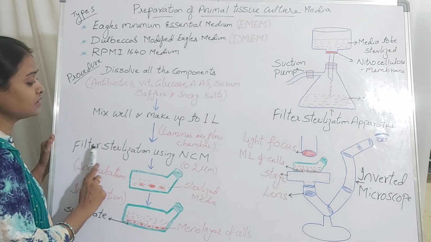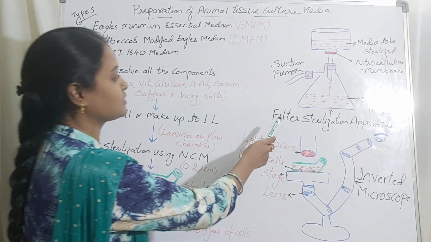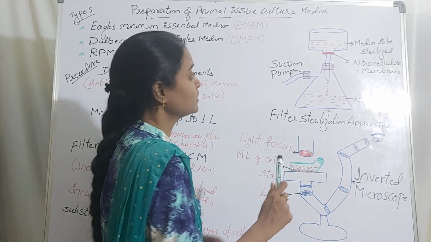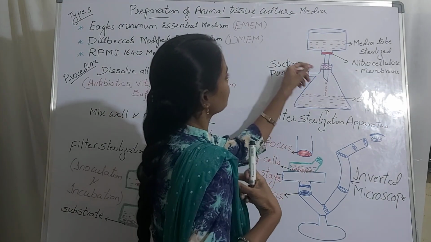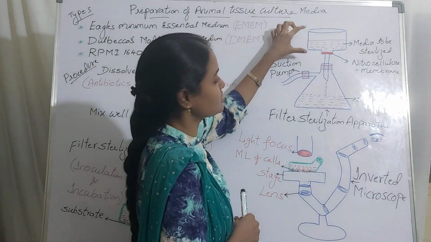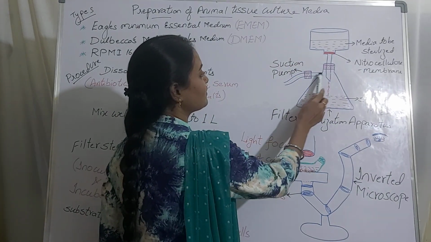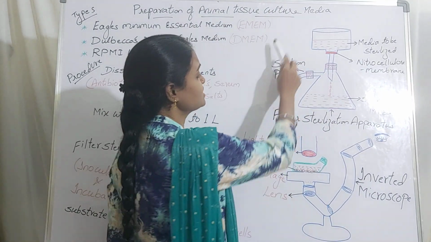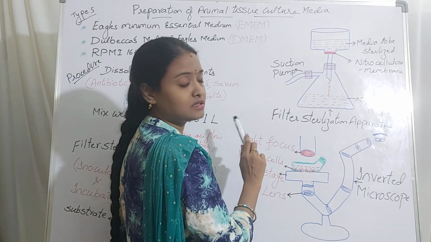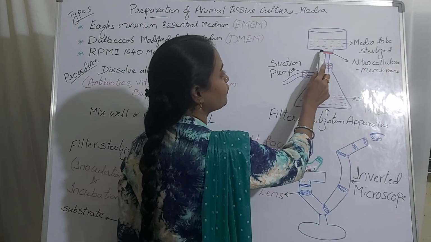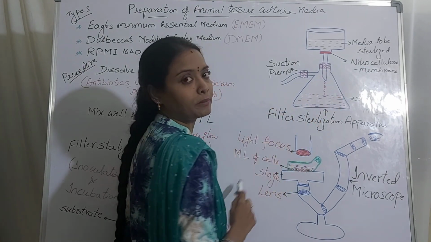Here you can see the filter sterilization apparatus. In this apparatus you first have the funnel which is fitted to the flask, and to the flask you have a suction pump. The main thing is the use of the nitrocellulose membrane, right?